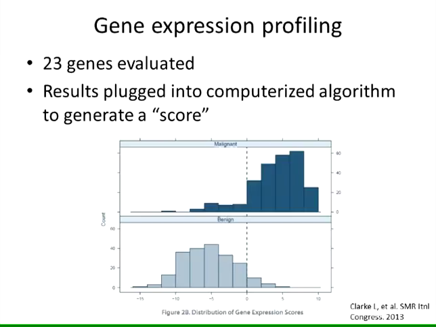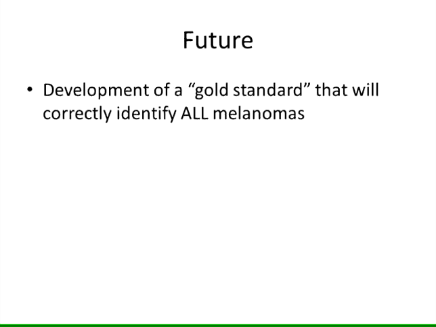And there are always a variety of lesions that are in question. So the gold standard, in our quest for a gold standard, will be able to detect every single melanoma without question. And we're not there yet, but we're getting there.